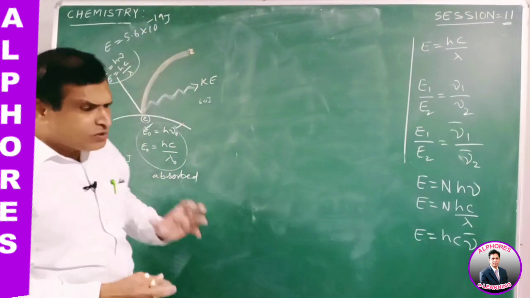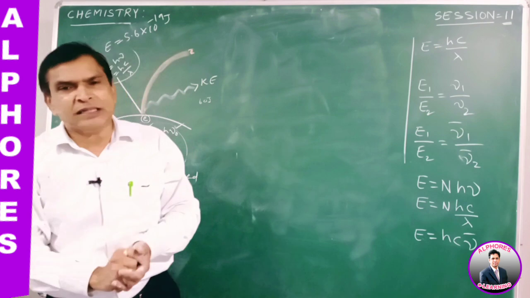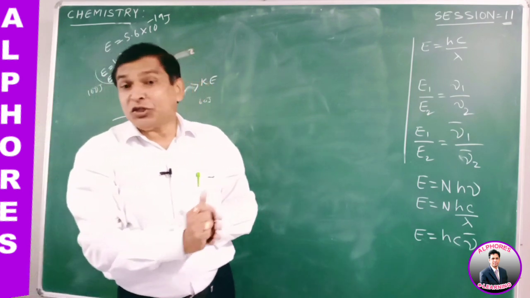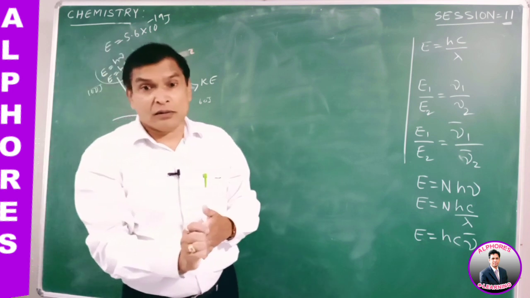This much energy is striking the surface of the metal. Calculate the kinetic energy of the ejected electron.